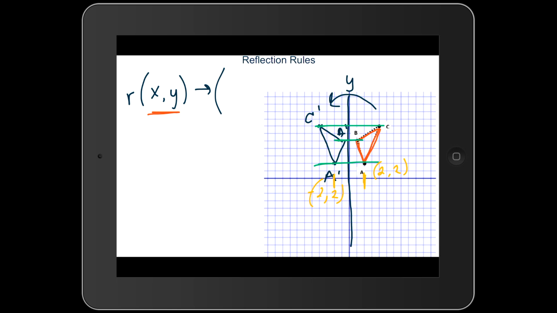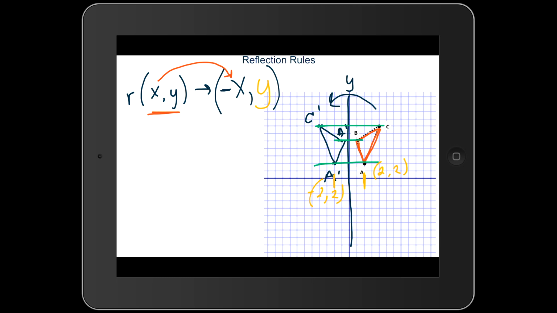So in rule writing, to show opposite, we use the negative sign. So I'm going to state that my x values from the pre-image to the image become the opposite. Okay? And then, as we stated before, the y values ended up staying the same. So they don't change.